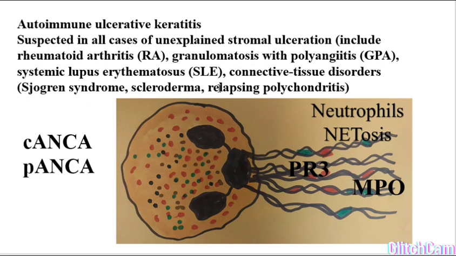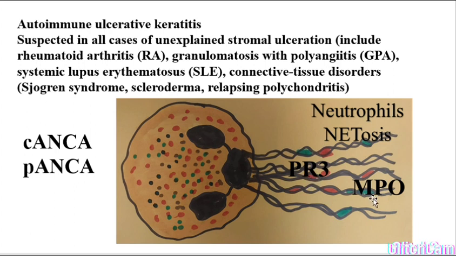However, in such a case, it is advisable to test for ANCA, or anti-neutrophil cytoplasmic antibodies. This could be C and P ANCA, and these antibodies are raised against proteinase 3 and myeloperoxidase.